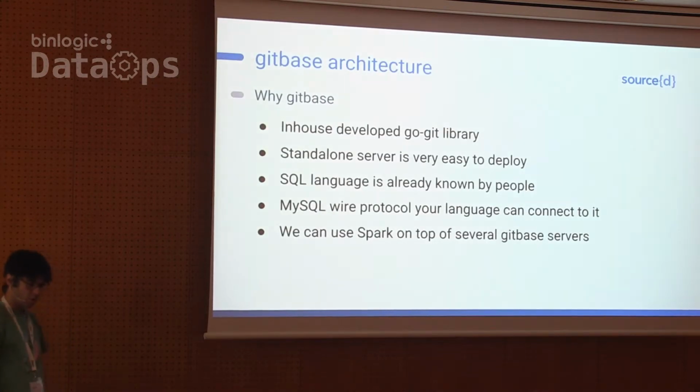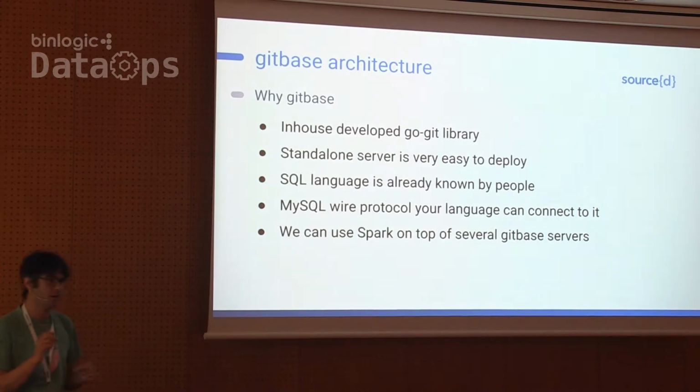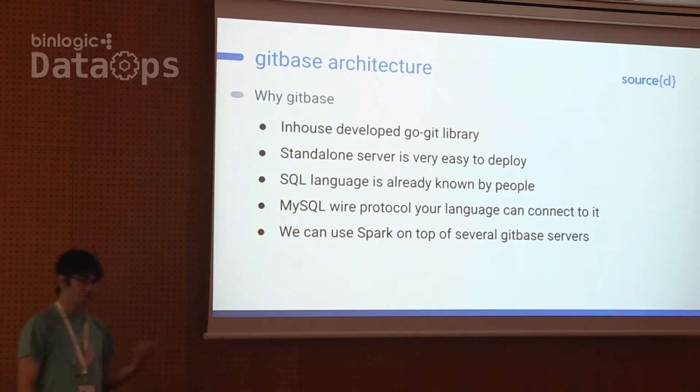So why did we do Gitbase like this? One of the reasons is that we already had a Git library written in 100% Go in-house. We mainly use it to download all the repositories. We use this library to do that, but we can also use it to query these Git repos.